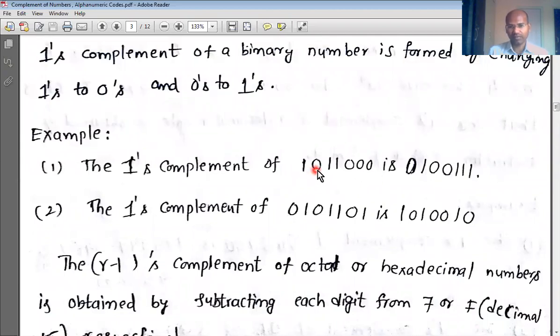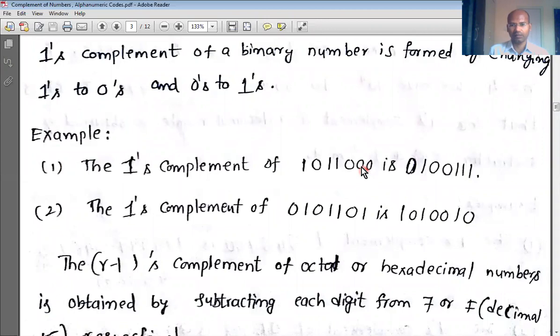So you have to subtract 1, 0, 1, 1, 0, 0, 0 from a number with as many digits as the given number, all ones. So subtract 1, 0, 1, 1, 0, 0, 0 from 1, 1, 1, 1, 1, 1, 1.